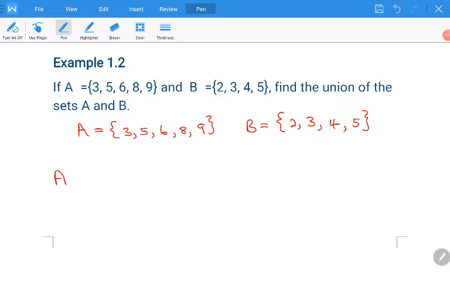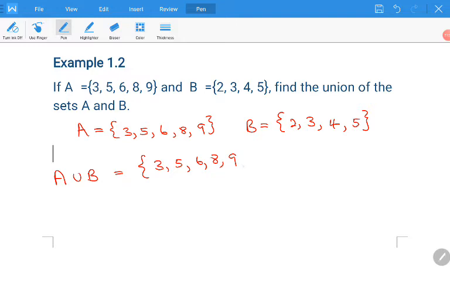So A union B is equal to, it's just a combination, so I'm just going to take all the elements in A. So we have 3, 5, 6, 8, and 9.